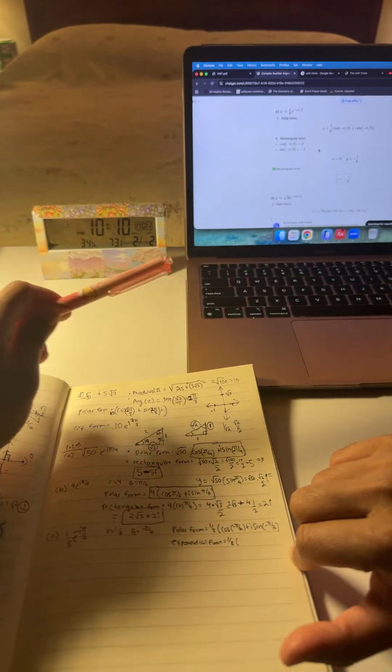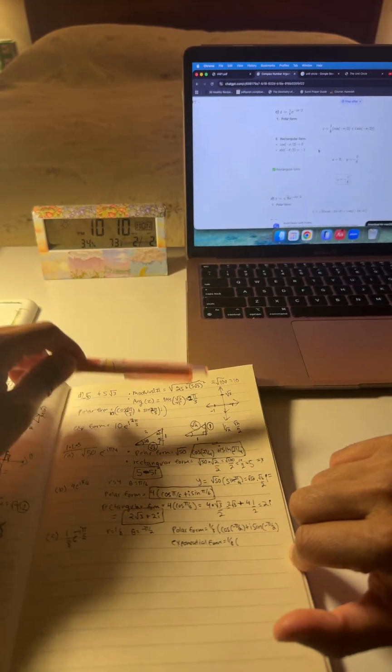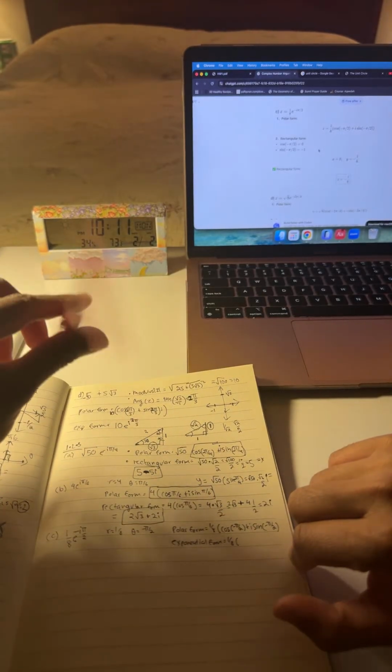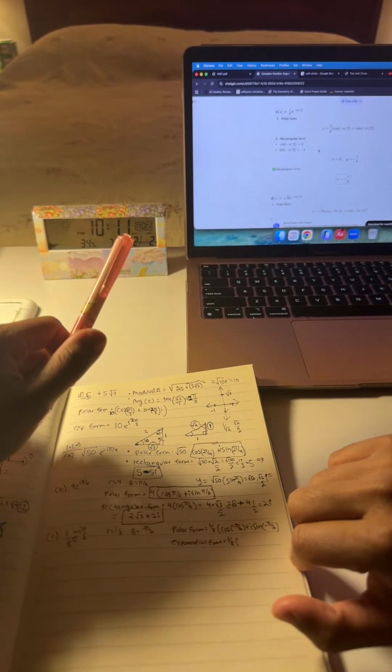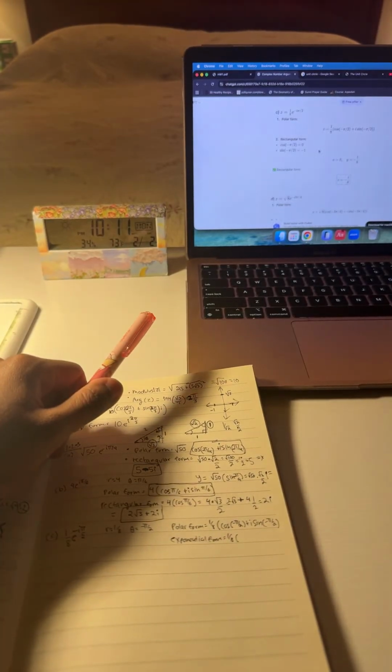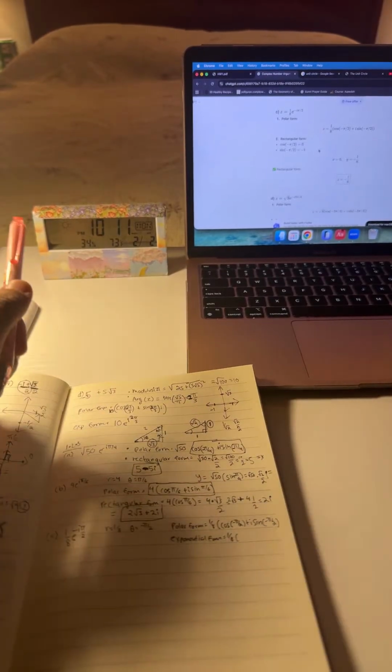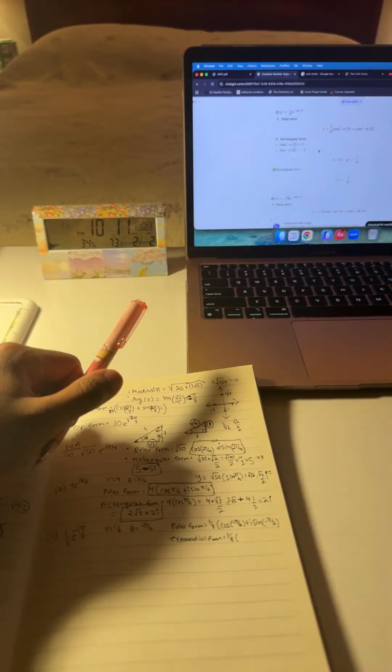Is negative pi over 2 on the bottom like that? I don't think so. Negative pi over 2, that'd be 1, huh? Negative 1? It's pi minus 1. What is pi minus 1? Pi minus pi over pi.